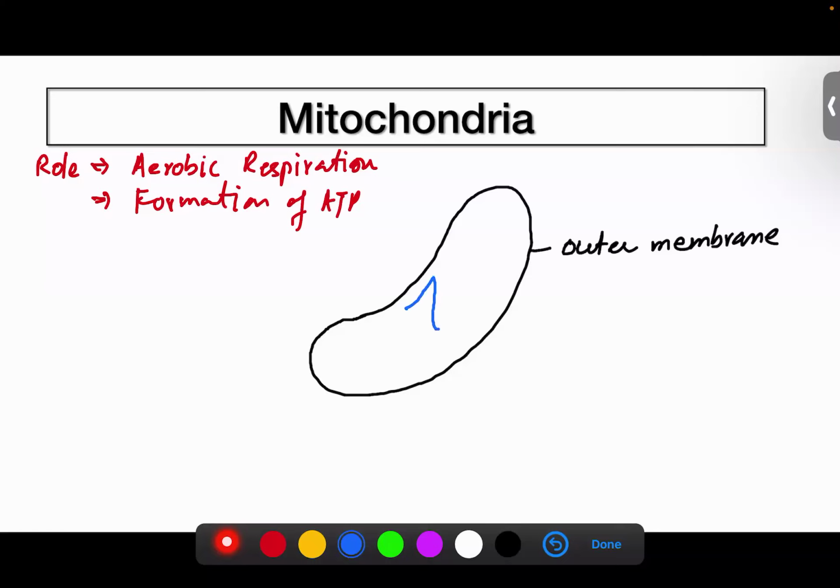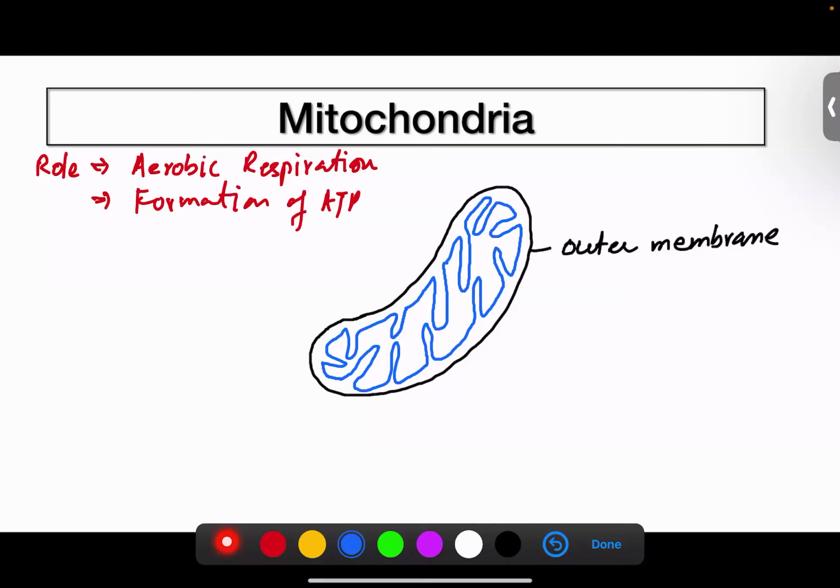Inner membrane is thrown into finger-like foldings on inwards, and these finger-like inward foldings are known as crista. Singular is crista and plural is cristae. So this is an inner mitochondrial membrane.